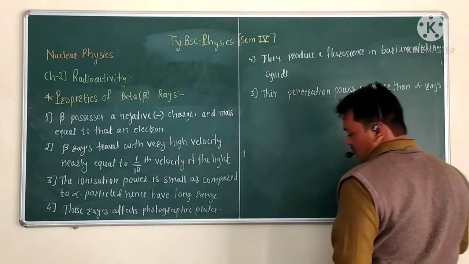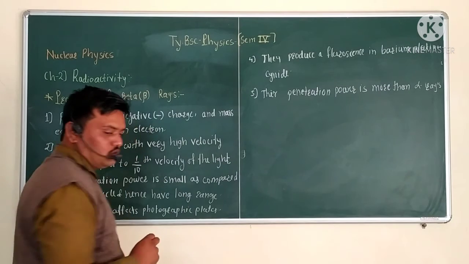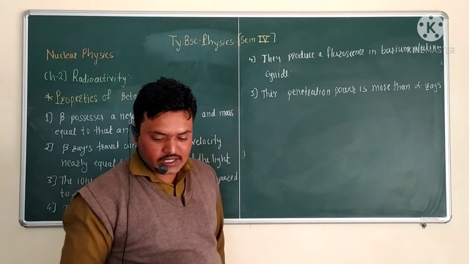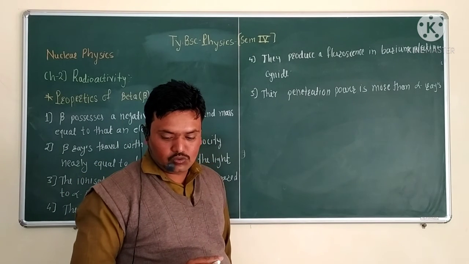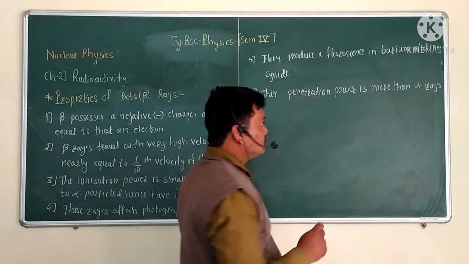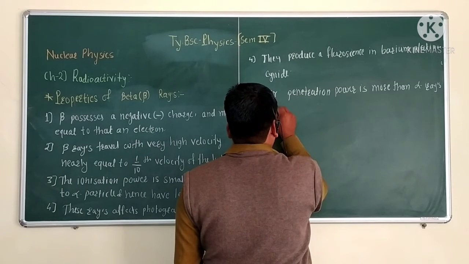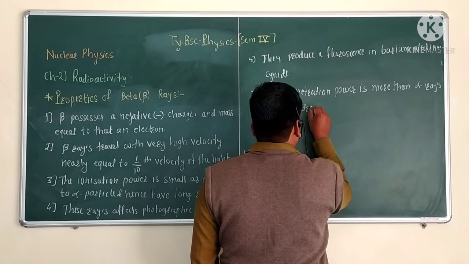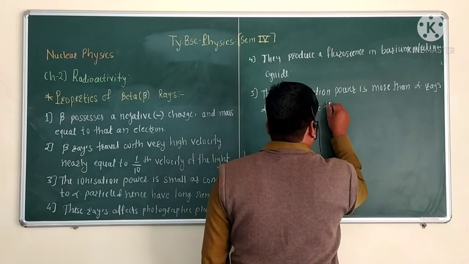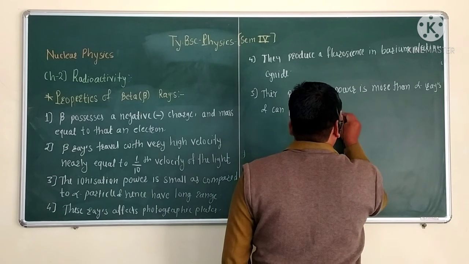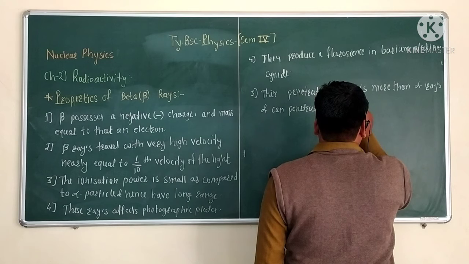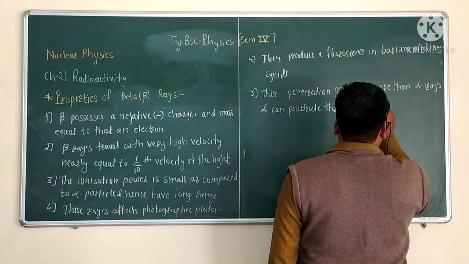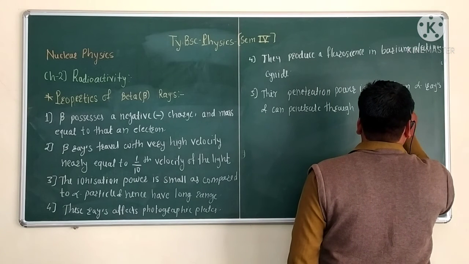Their penetration power is more than the alpha rays, and they can penetrate through thin metal foils.